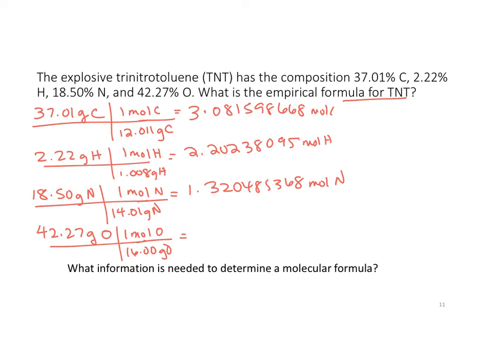And 42.27 divided by 16 is 2.641875 mole of oxygen. And now what's the lowest number?